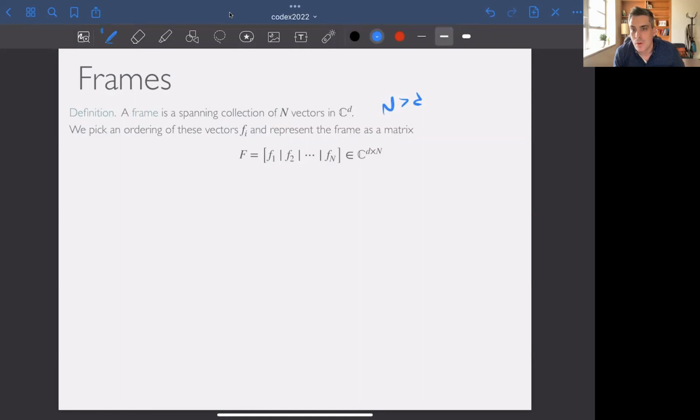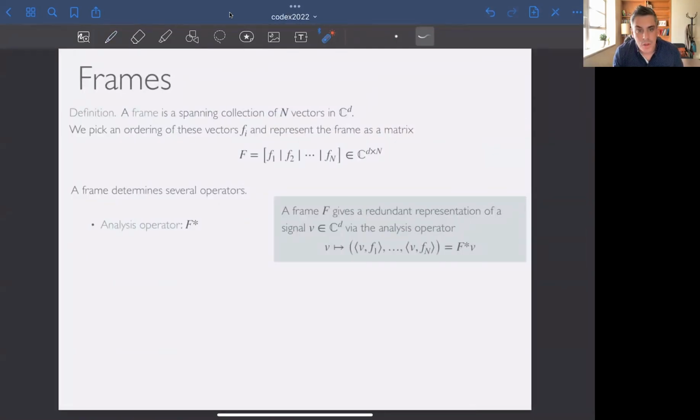Spanning tells me that n needs to be at least d. I organize the vectors by ordering them and putting them in as the columns of a matrix. So a frame is really just a d by n matrix, which has full rank.